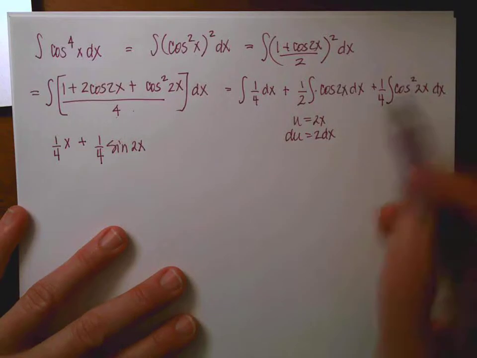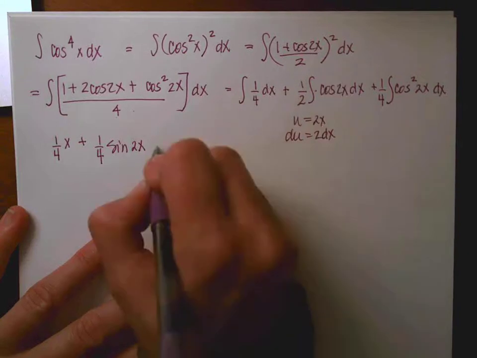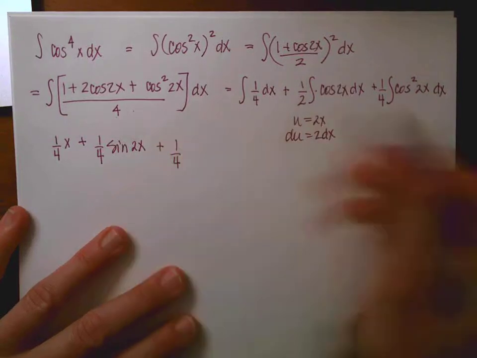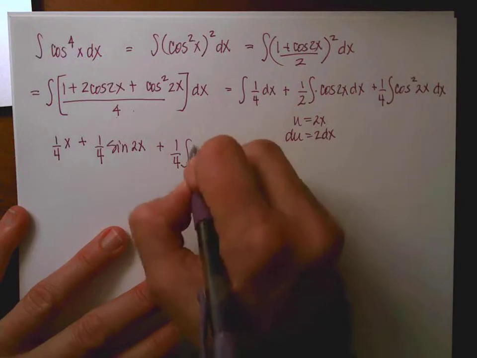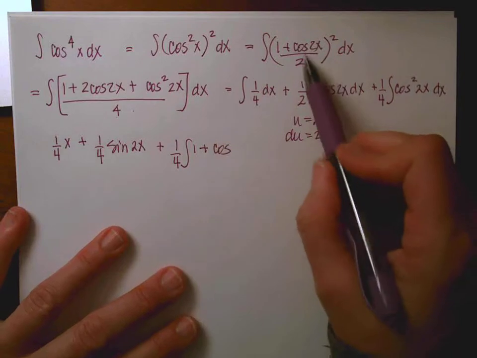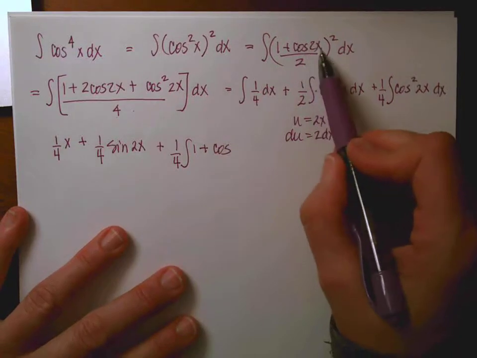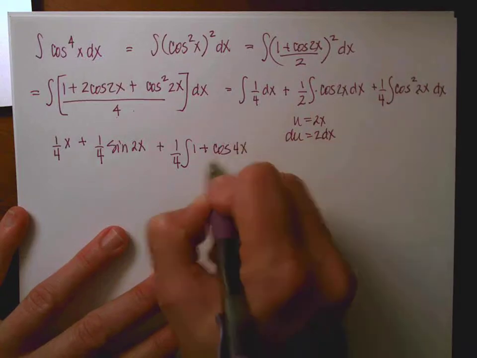All right. This guy is the problem child, and we're going to have to rewrite him using this identity that we used right here one more time. So here's the fourth, and then the integral is going to become (1 plus the cosine of 2 times the angle) over 2.